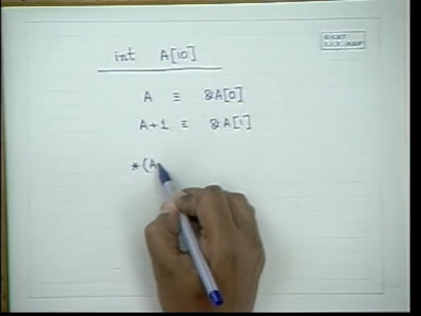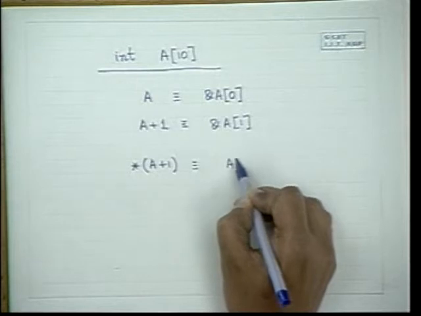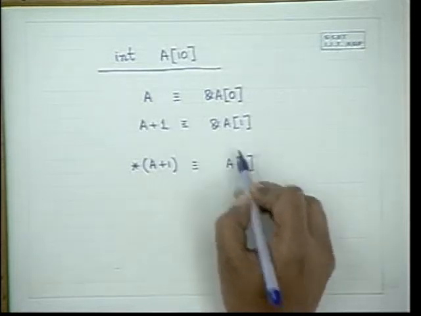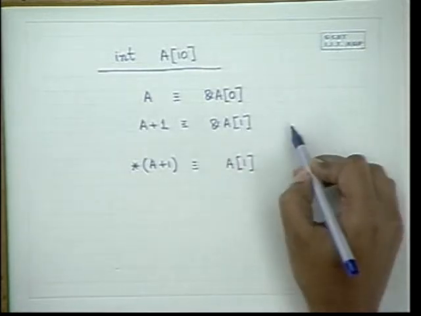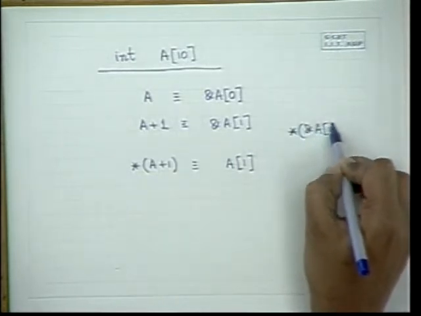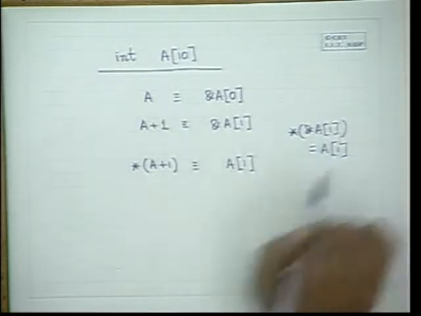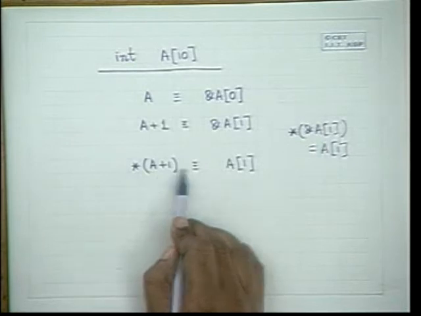Content of A plus 1 is the same as the content of the location &A[1], star of &A[1] is A[1]. So star of A plus 1 is A[1].